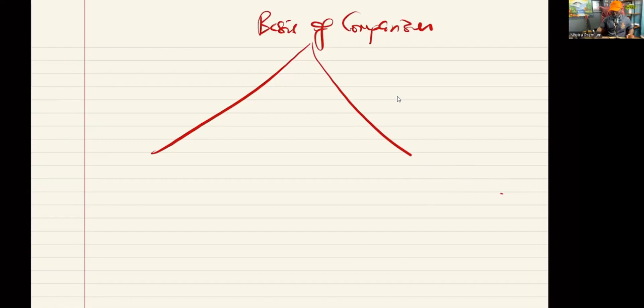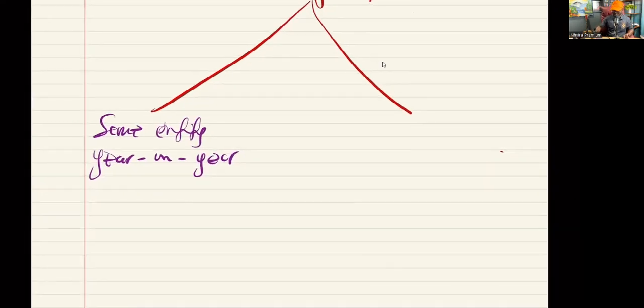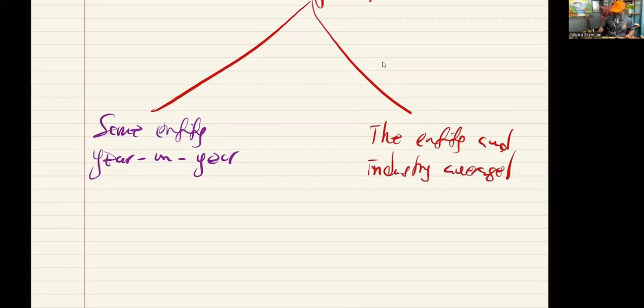Basis of comparison means, are we dealing with the same entity year on year, or are we dealing with the entity and the industry average, or competitors, or a competitor or proxy firm?